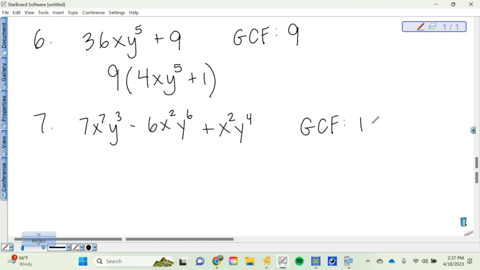How many x's? And how many y's? Y cubed. So I could write 1x squared y cubed, or I can just write x squared y cubed and drop that 1. I've got x squared y cubed out in front. What's inside parentheses?